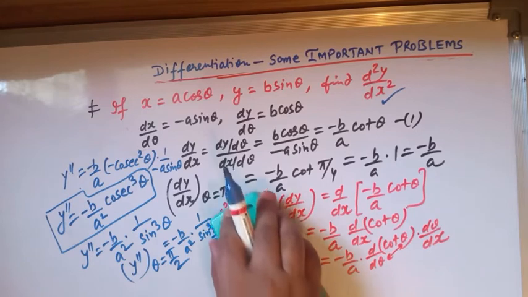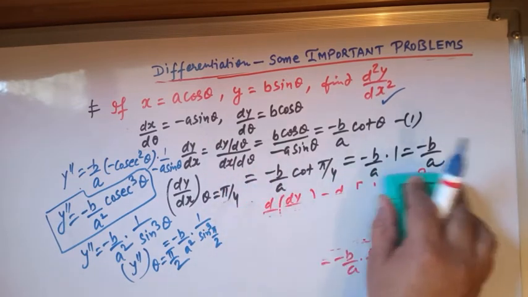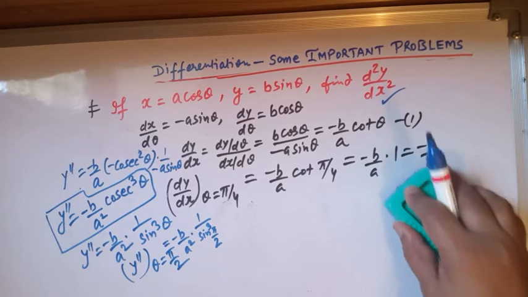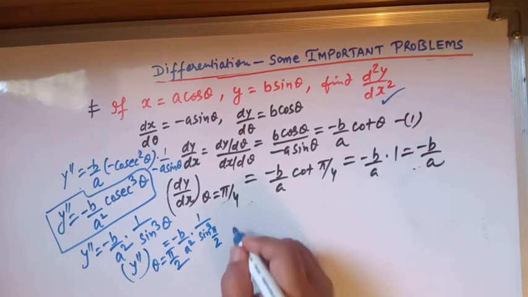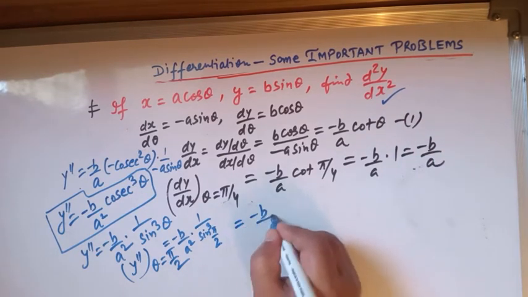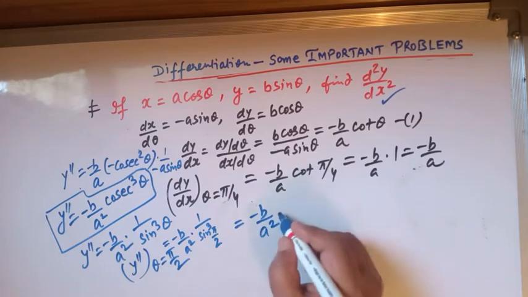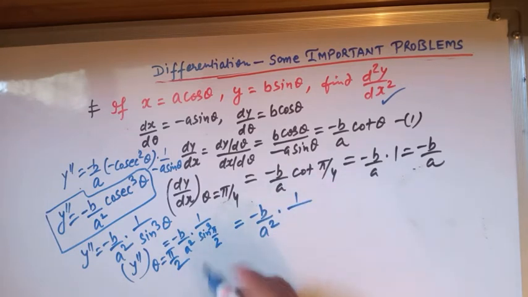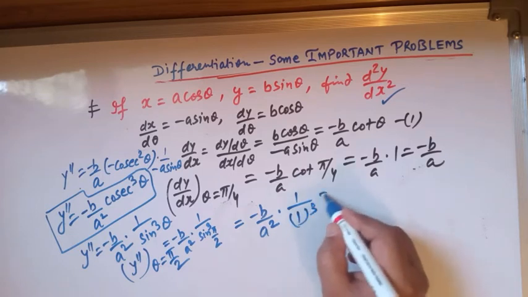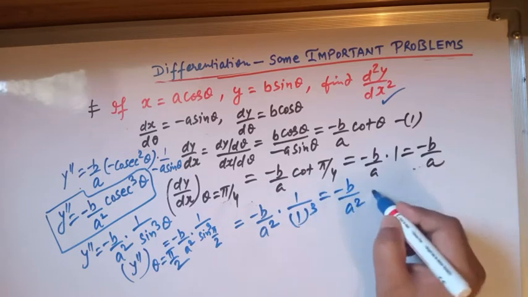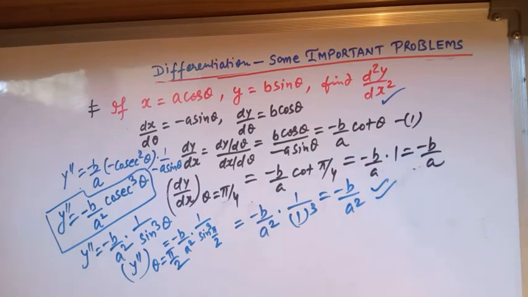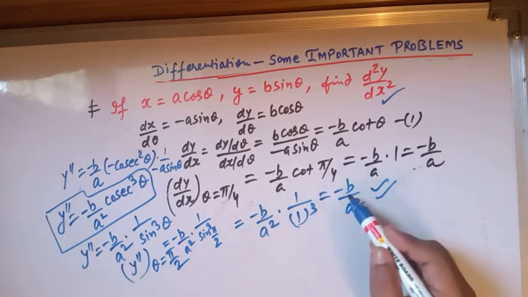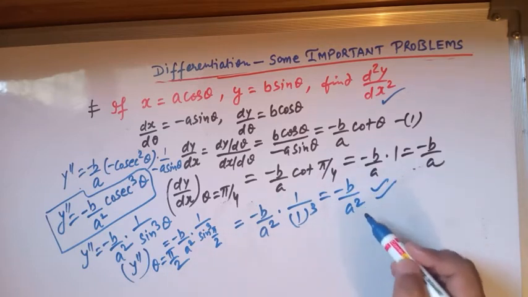So viewers, then we will have minus b over a square multiplied by sine pi by 2 is 1, so it is 1 cube, so it is minus b over a square. This is just for extra information, because sometimes the question may be asked in this manner also. So we have y double prime at theta equal to pi by 2 as minus b over a square. Clear?